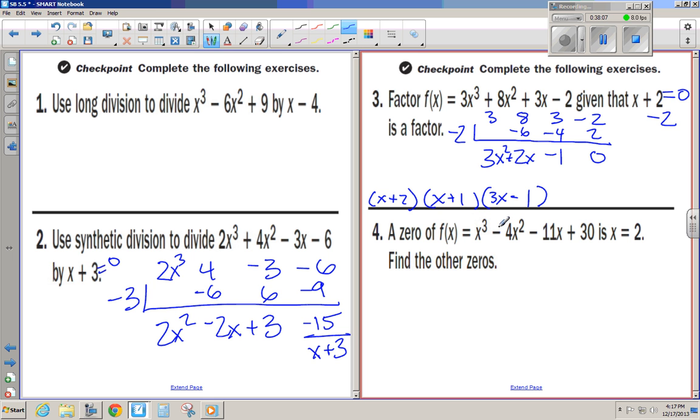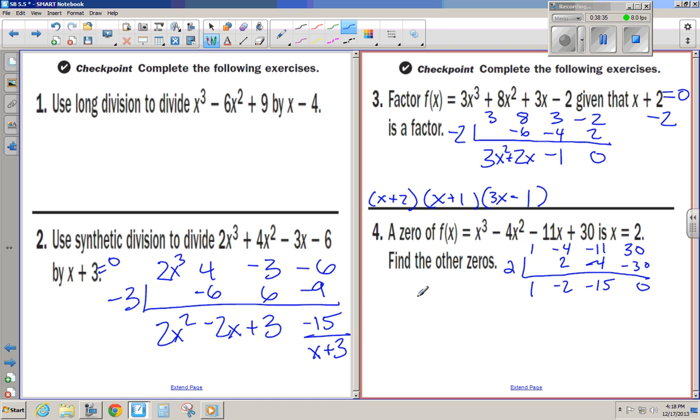Let's find the zeros. We find the zeros by knowing 2 is a zero, and the coefficients go across the top. Oops, that's a negative 11. And a 30. Drop down the 1, add, multiply, add, multiply, add. 0.